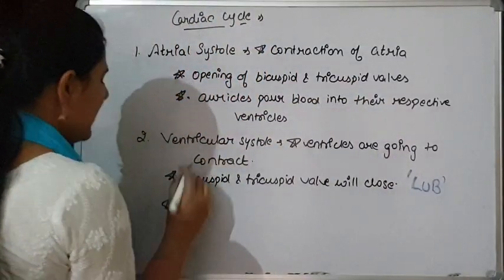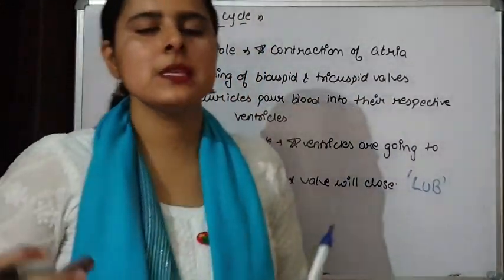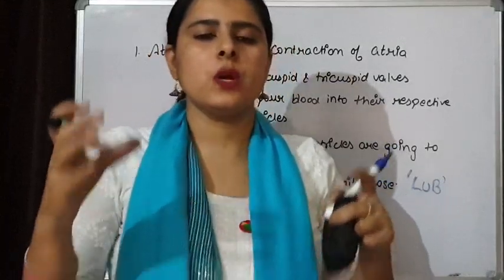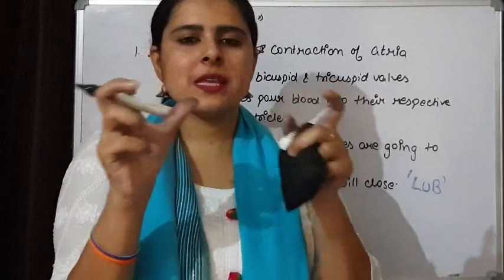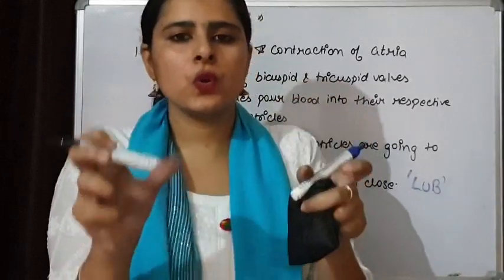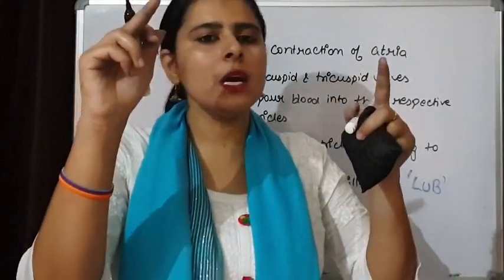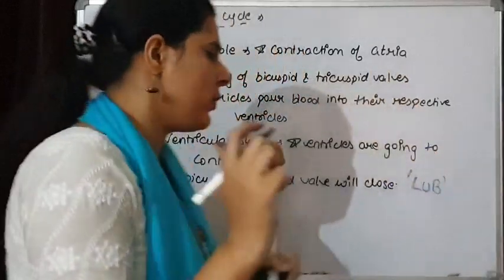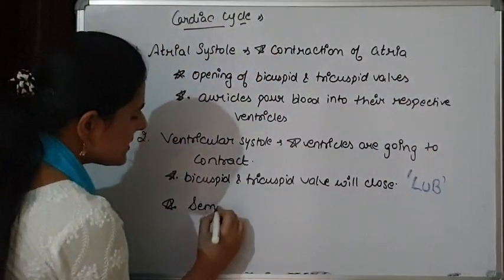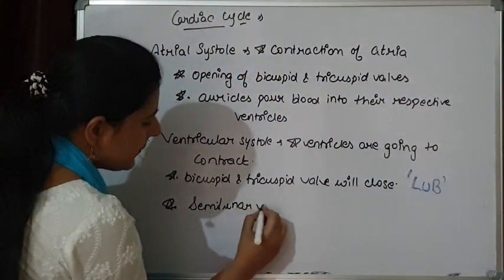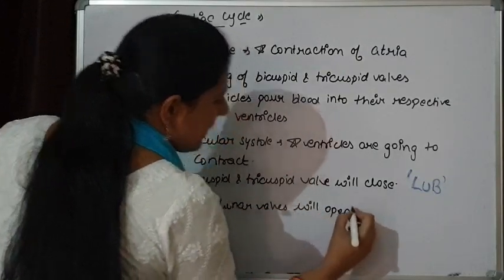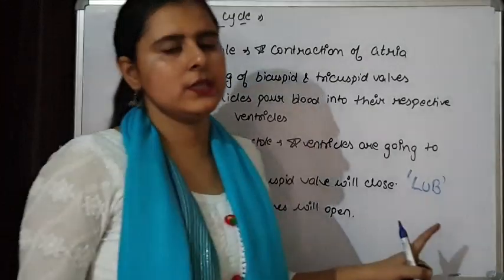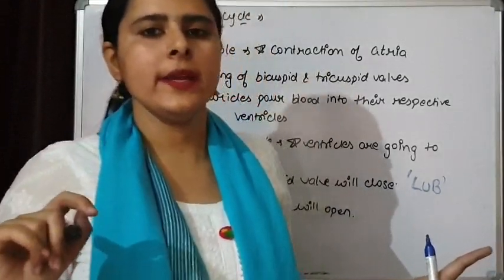Now another thing happening here concerns the semilunar valves. One is present in the pulmonary artery and the second in the aorta. The semilunar valves open because blood has to move into the pulmonary artery and aorta.